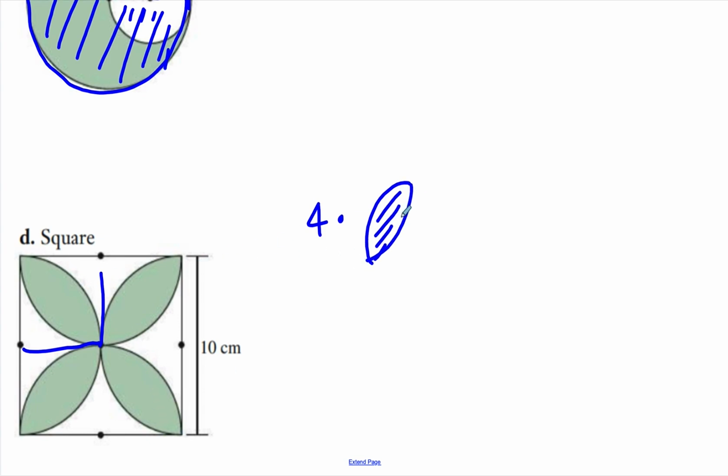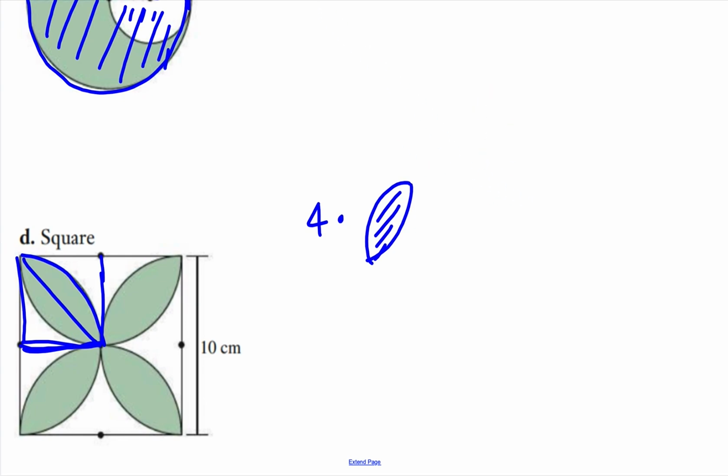To find the area of this kind of shape, I'm looking at the first one here and see the sector area is easily found, because it's 1/4 of this big circle, right? And then I know how to take out this triangle.